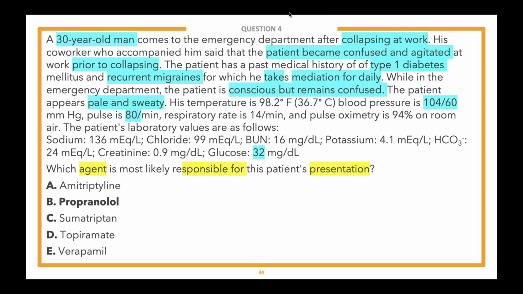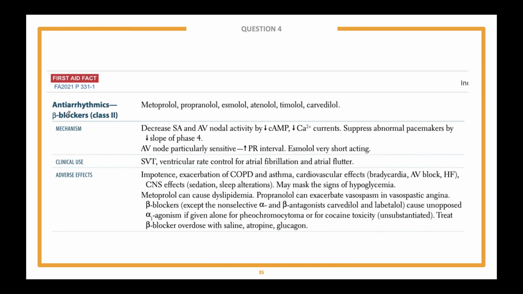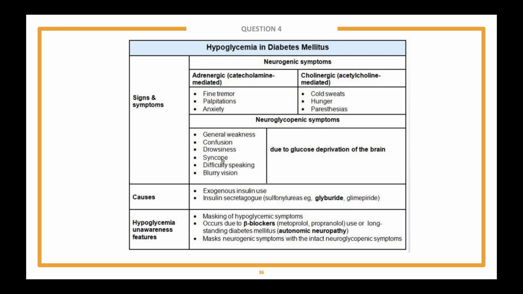So let's take a look at the next slide. And actually on this slide, we can see here that beta blockers in the adverse effects there, you can see that the second line there says may mask the signs of hypoglycemia, okay? And furthermore, on the next slide, looking at hypoglycemia in diabetes mellitus, I believe there's another table talking about diabetes mellitus.